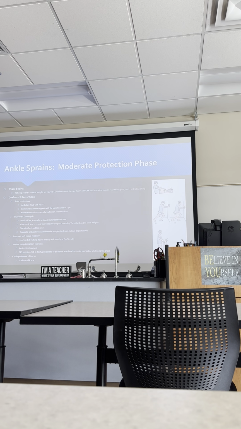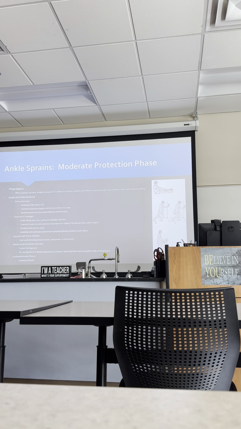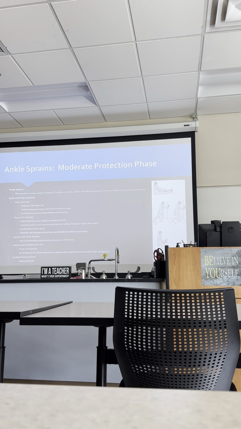So you can start adding TheraBand in the long sitting position for your strengthening. You can do those toe curls. Be careful with writing the alphabet because you tend to do that with cursive letters, which brings you into plantar flexion and inversion. Even just an A in the alphabet with your foot, you have to go into plantar flexion and inversion to get that full circle for the A. So be careful with that one.